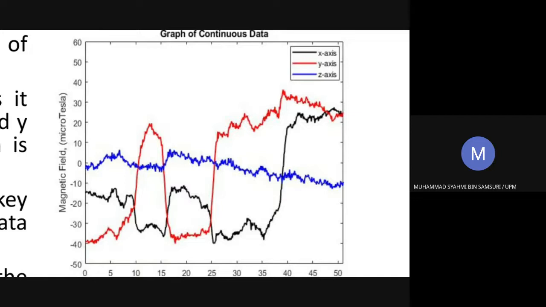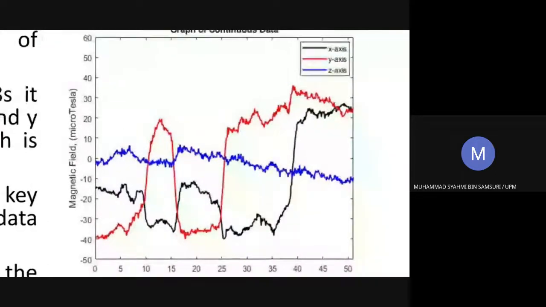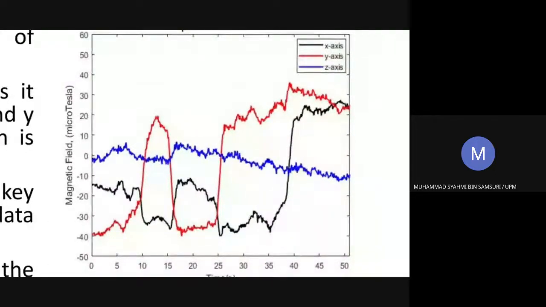Okay, let me explain again. I set it to 9 microtesla because, as you can see in the figure or the graph, the 9 microtesla is the peak from path to path. So that's why I set the threshold to 9 microtesla.